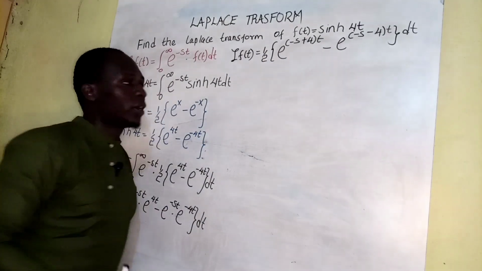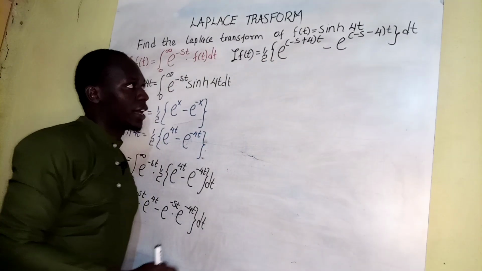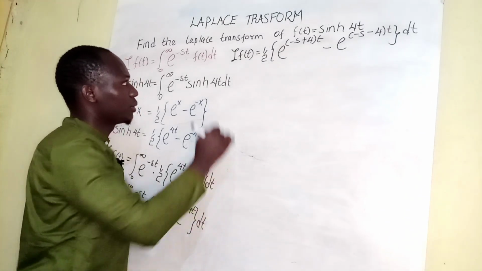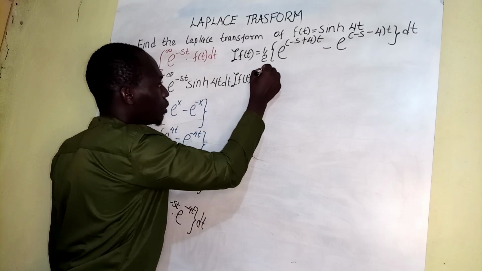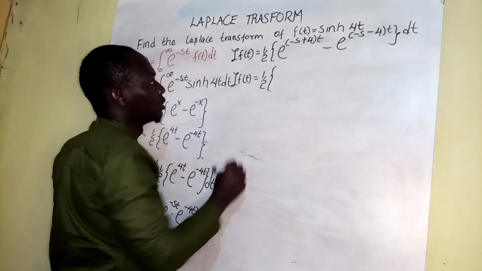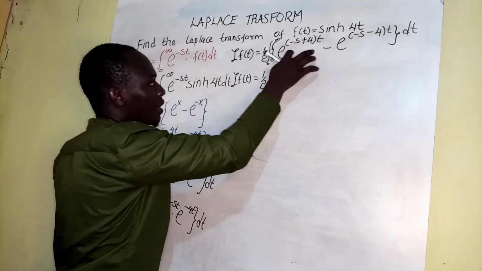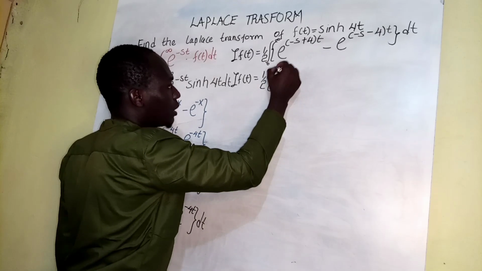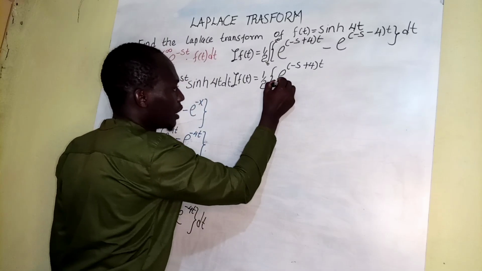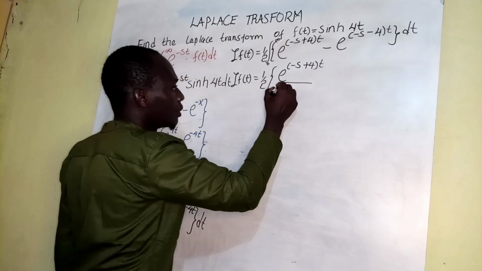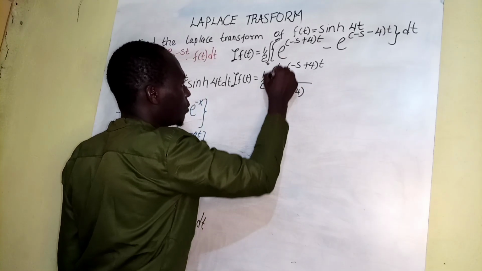From this point now, we can do our integration with respect to each and every term. By taking our integration, we understand that the Laplace transform of our function f of t is going to be equal to a half into exponential negative s we add to 4t, all over negative s we add to 4.